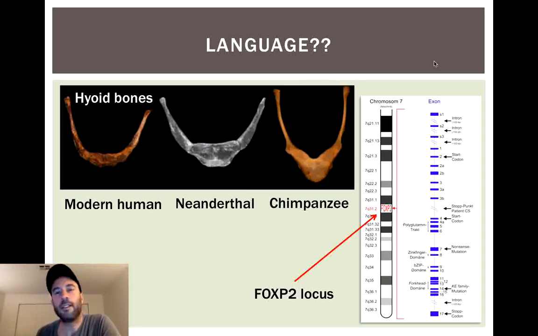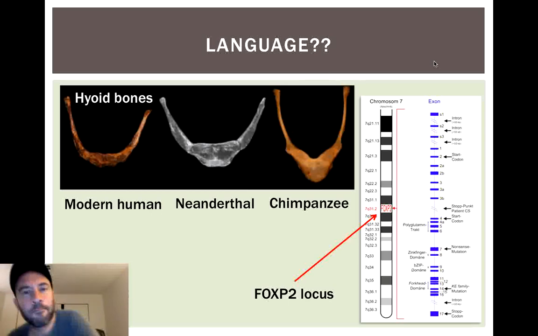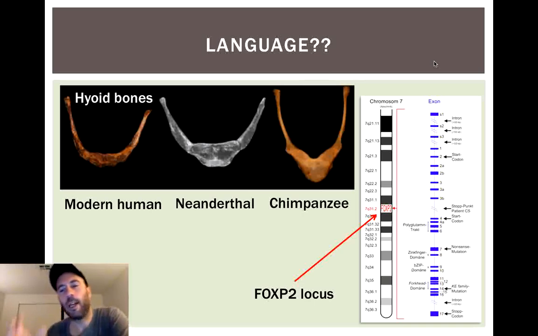And we know that that's necessary for speech because there are some families who have an allele that is mutated, so it's kind of broken maybe, and people in those families that have inherited that allele have trouble either processing speech or maybe they have trouble, I can't remember which, they might have trouble articulating or putting their words in the right order. So that gene is important in language.